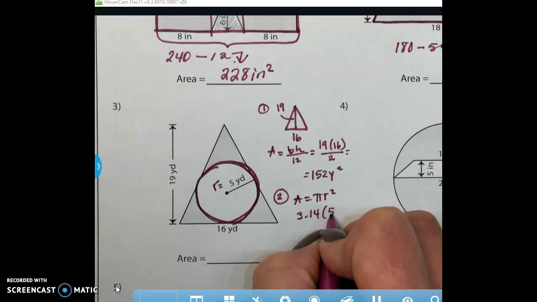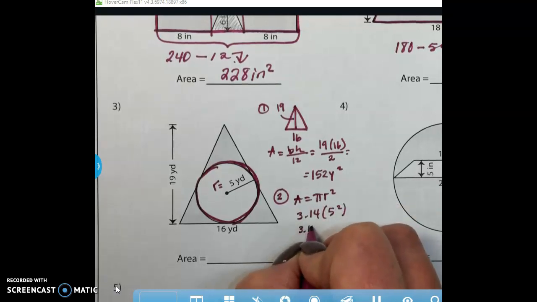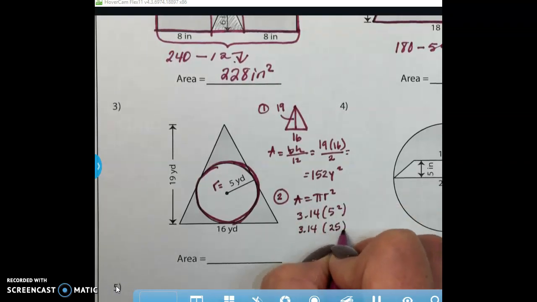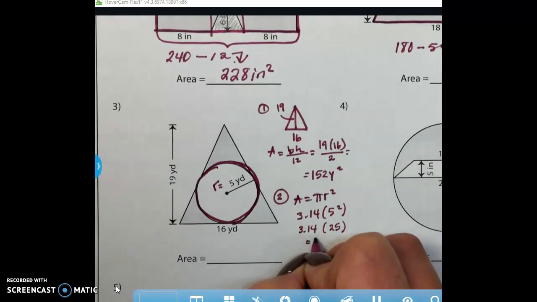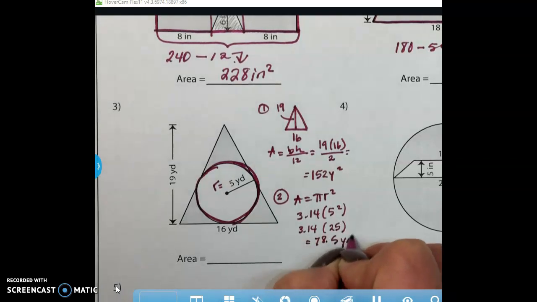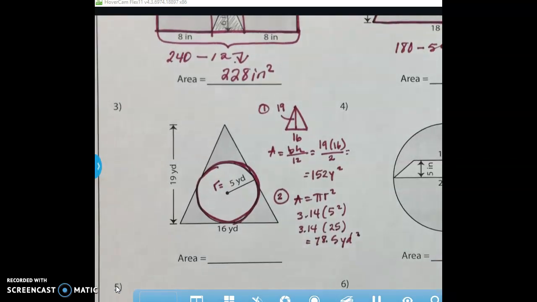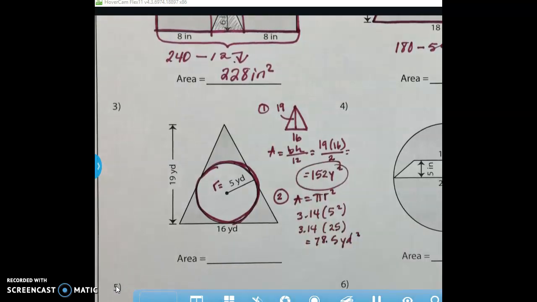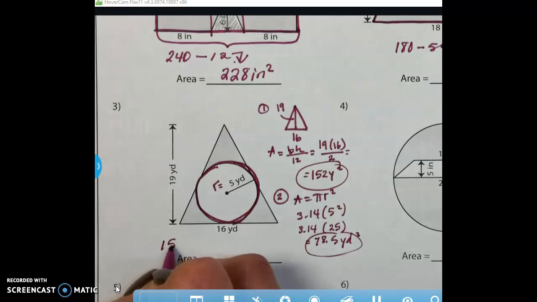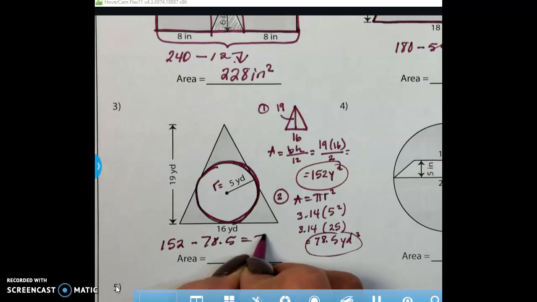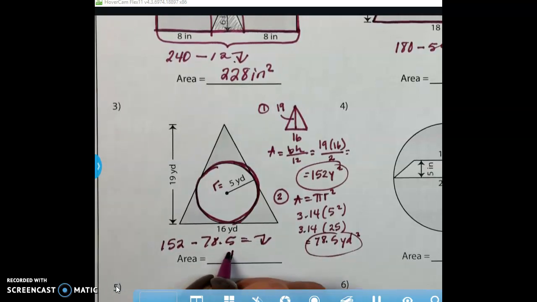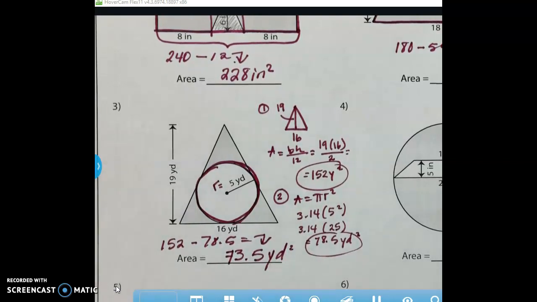Pi times 5 squared will give us the value for the area equaling 78.5 square yards. Area of a triangle minus area of a circle. 152 minus 78.5 will give you 73.5 square yards.